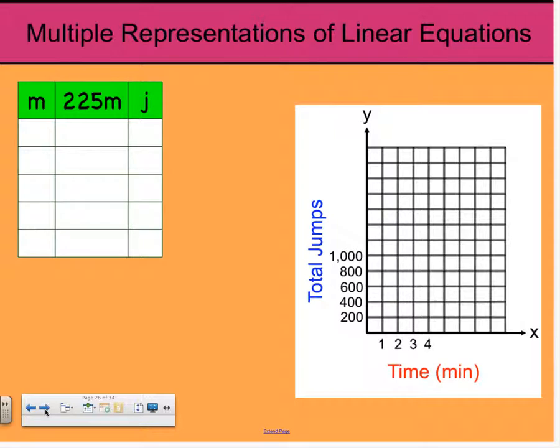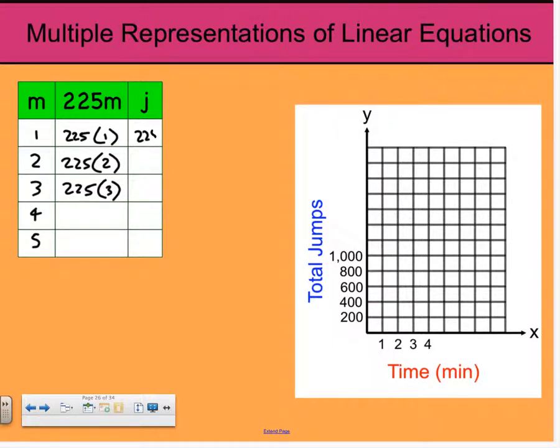And a table. For the number of minutes, we'll just say 1, 2, 3, 4, and 5. We want to know how many times she's jumped. So we're going to multiply 225 times 1, 225 times 2, 225 times 3, and so on.